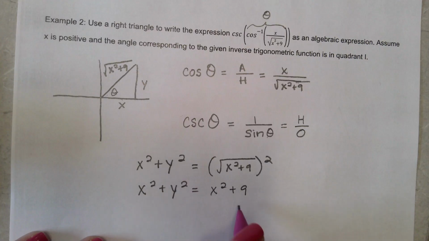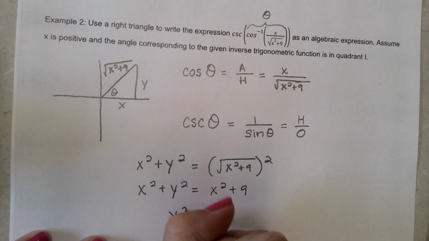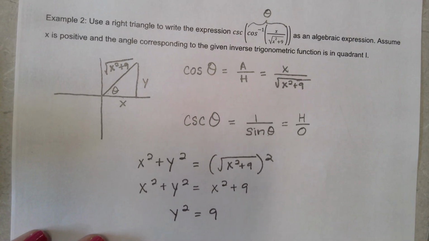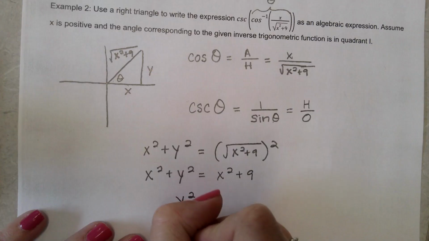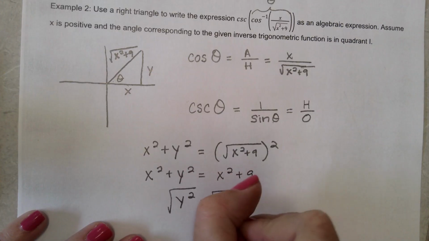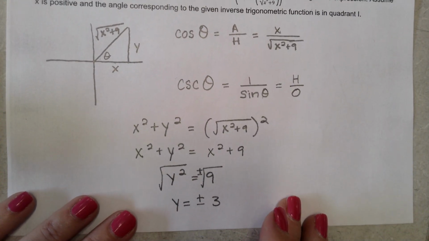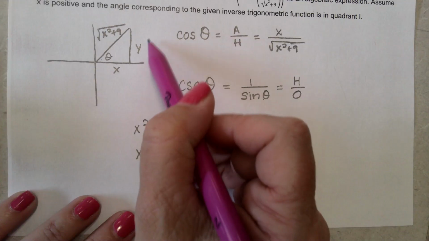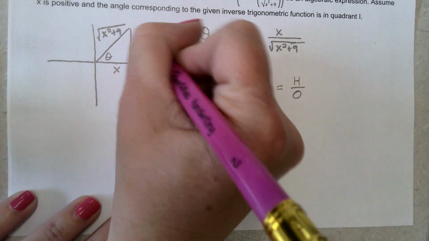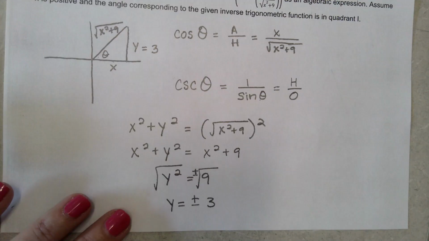Then I'm going to move the x squareds to the right, so I end up with y squared equals 9. I'm going to take the square root of both sides, remembering the plus or minus for the number part. So I get y equals plus or minus 3. Looking at my picture, y is moving up, so y is 3.